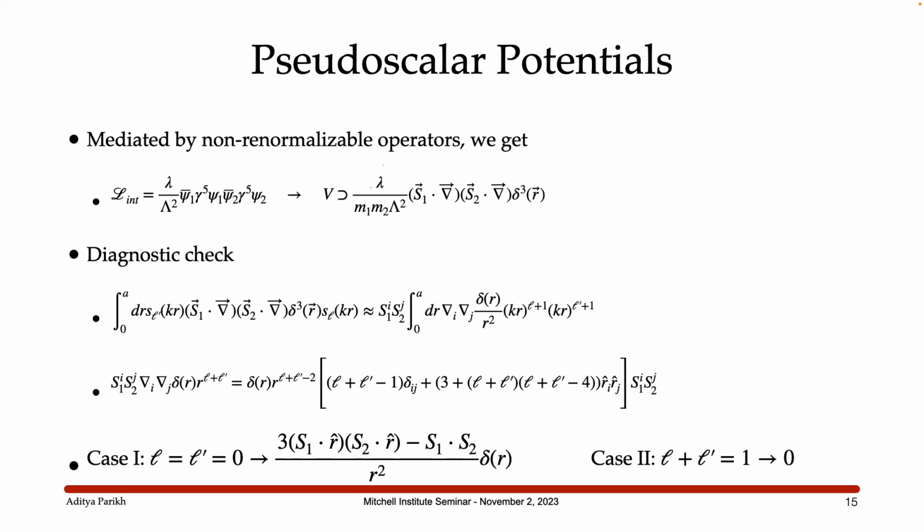The key takeaways are that there are two different cases where things could be problematic. The first case is when L and L prime are both 0. If you plug those in, you recover the exact same operator that we had before, and the matrix element between those two states vanishes, so no divergence shows up. The other case is when L and L prime add up to 1, so it's either 0, 1 or 1, 0.